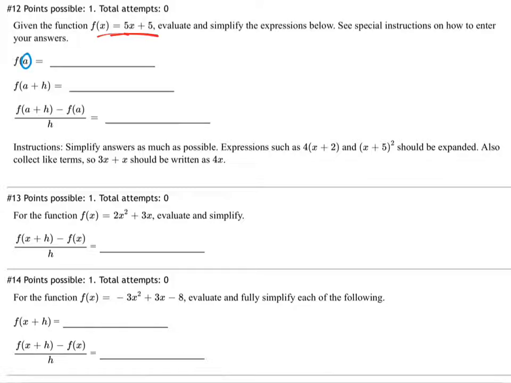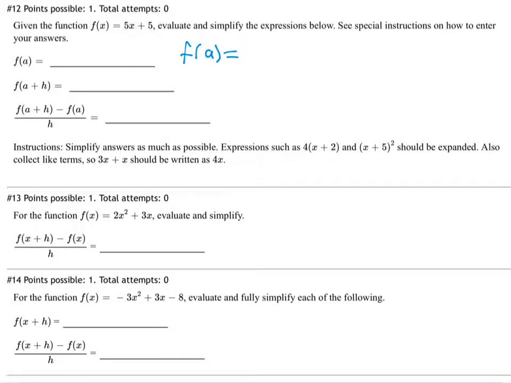So they're saying, take that function and plug in an a. Now remember, whatever's in the parentheses is plugging in, like it's going into the holes of the toaster, and the holes of the toaster is the x.